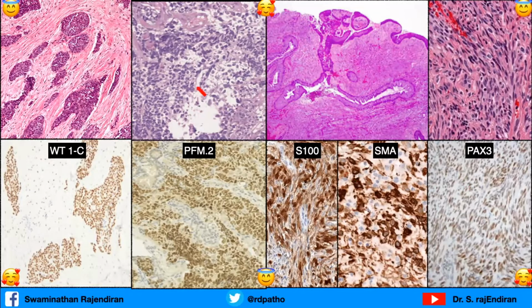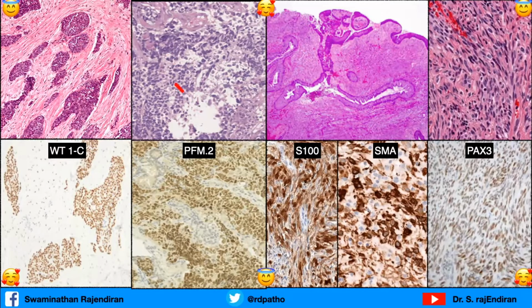Let us see this composite picture. Here it is self-explanatory in the H&E itself: a lot of desmoplasia with nests of small blue cells. So this is desmoplastic small blue cell tumor, and these are characteristically positive for Wilms tumor marker, WT1, in the C terminus. They are nicely nuclear positive.